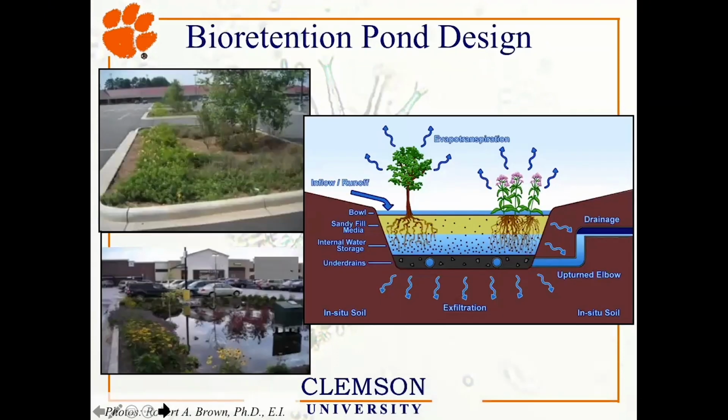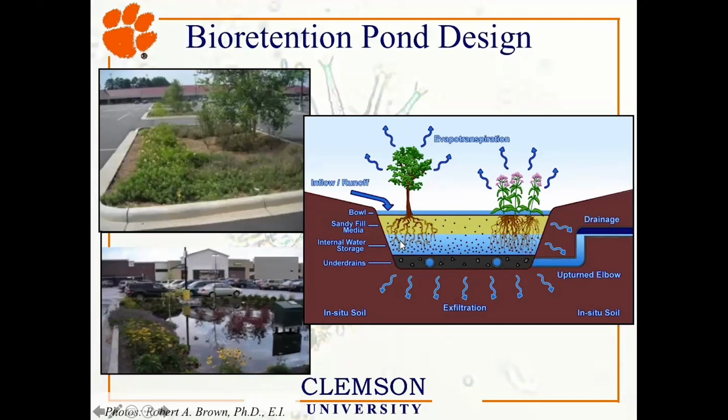Another example is in the design of bioretention ponds. In many malls, you might see a vegetative area in the parking lot, and you may think that that's just there for aesthetics. In many cases, this is actually a stormwater design which channels the runoff from the parking lot when it rains into a structure that collects that water.